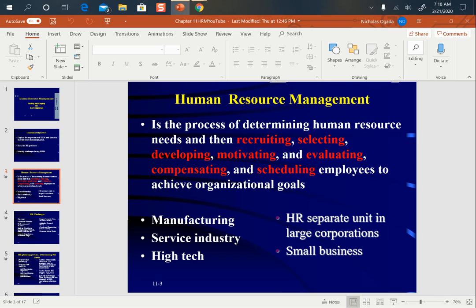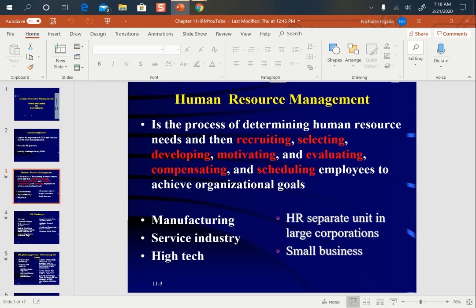For example, with the change to the service industry, the skill set of employees also changes. So now we're looking at employees who are supposed to be more technical, having technical skills. So just keep in mind the changes in the economy also have an impact on human resource management.